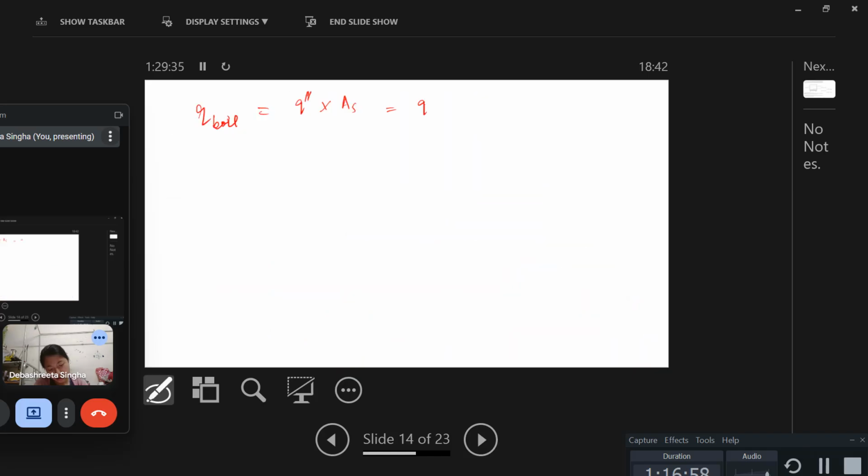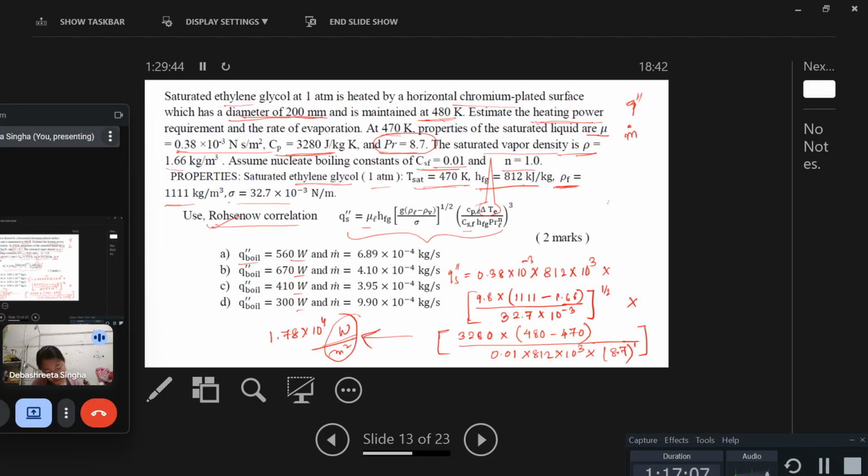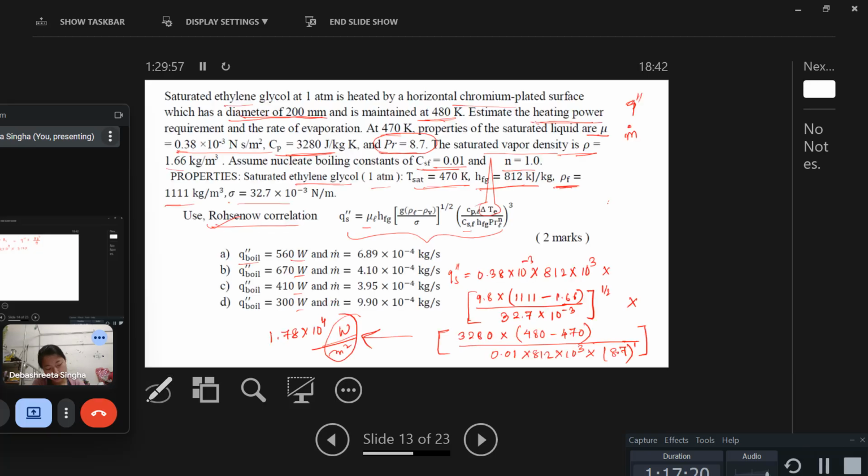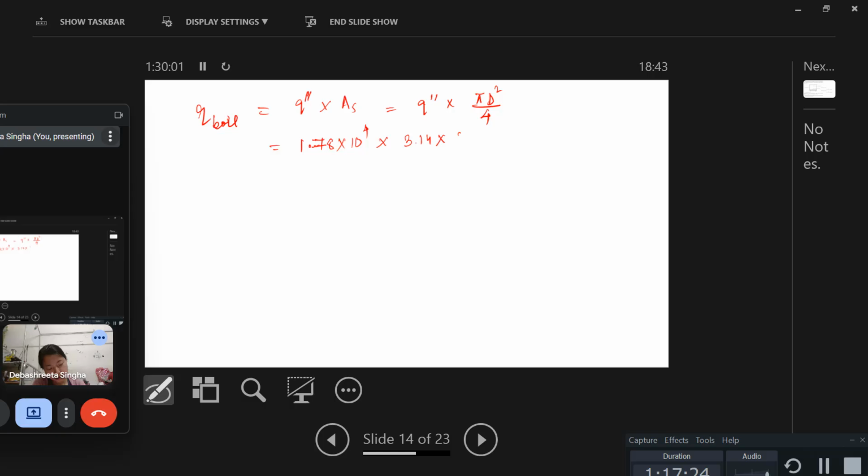So area will be pi d square by 4. Now Q double dash was 1.78 into 10 to the power 4, into 3.14, into d is 0.2 meter, divided by 4.